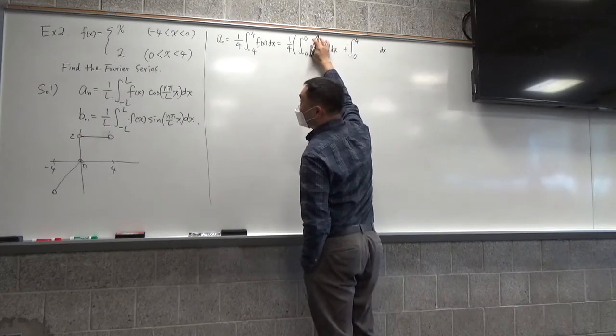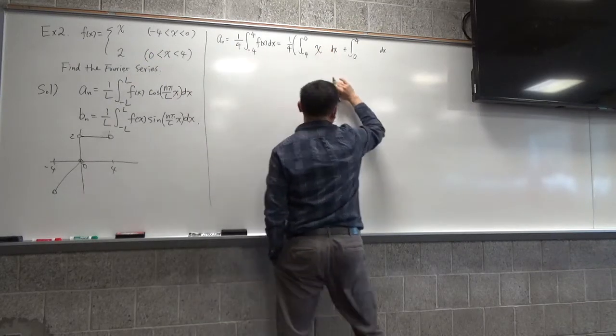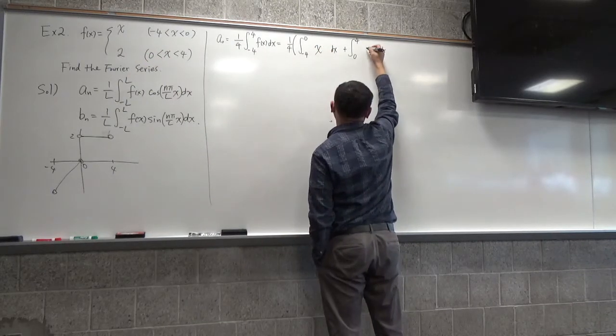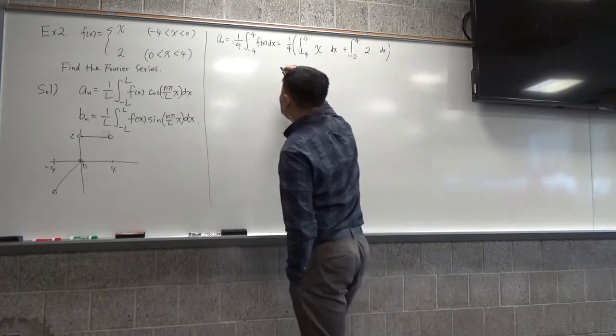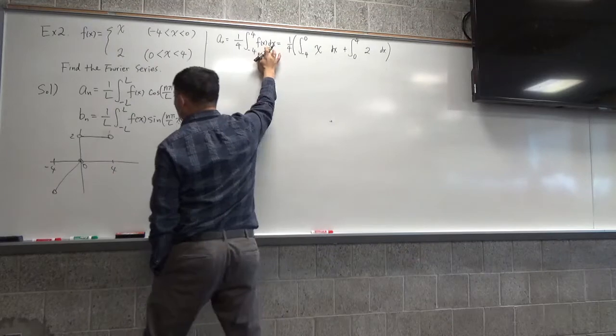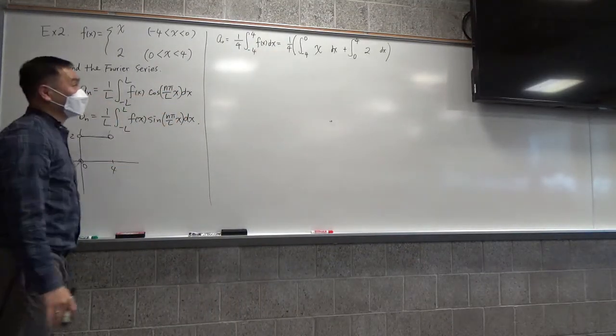From negative 4 to 0, the function value is x, so you put x there. From 0 to 4, the function value is 2, so you put 2 there. And by the way, I didn't put any cosine there because when n is 0, cosine of 0 is 1, so that doesn't appear.